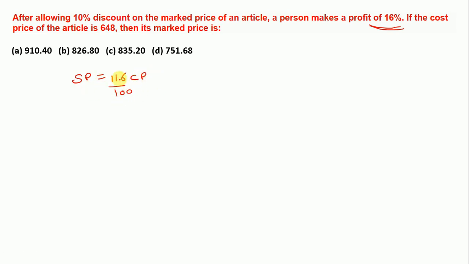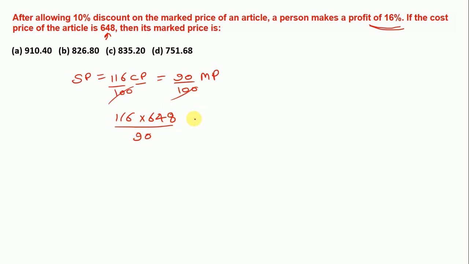And this SP is equal to 90% of the market price, because he is selling at the discount of 10%. So now CP is given to us and the value of CP is 648. So just put the value in this equation, 648, and 100 will be cancelled from both sides, and just divide by 90.